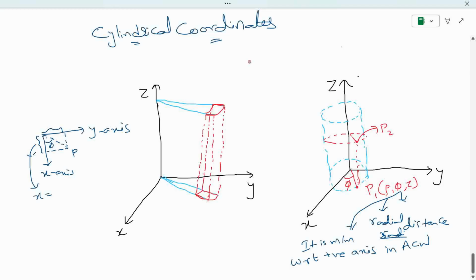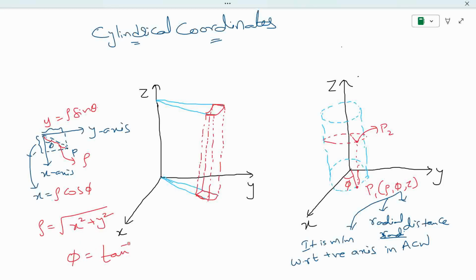Based on trigonometry, x is rho cos phi, and y is equal to rho sin phi, so basically opposite side and adjacent side. Now rho will be equal to the square root of x square plus y square, and we can calculate phi, which is tan inverse y by x. These are very obvious from what we know.